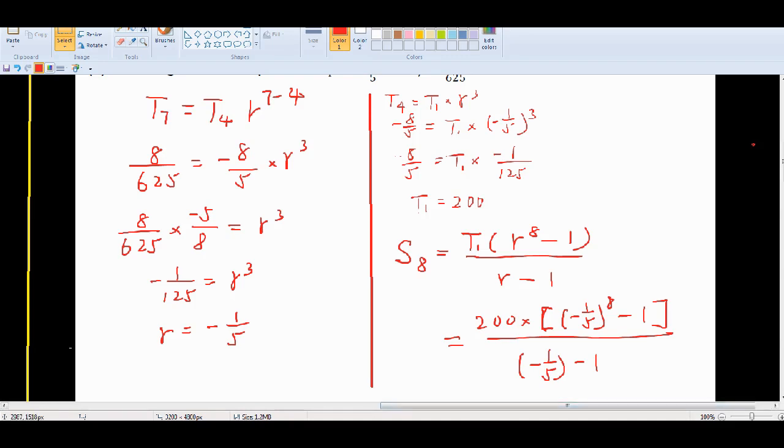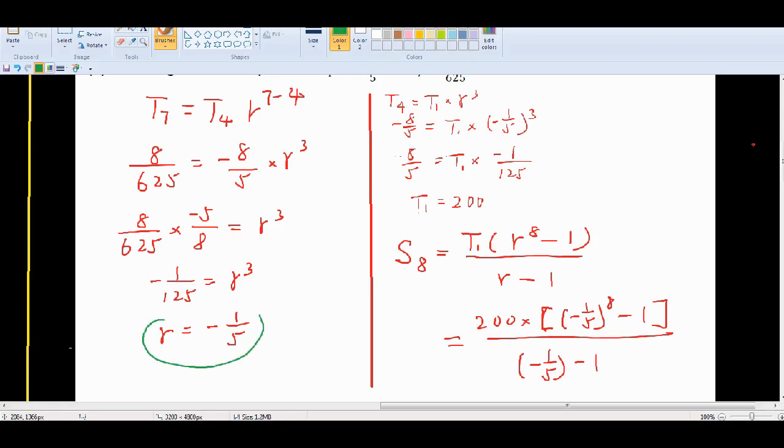Okay, so here's the answer. First you need to use T7 equals T4 R to the power 7 minus 3, and you get that substitution done, and you move the term to the other side. You got R equals to minus 1/5, and then you need to find T1.